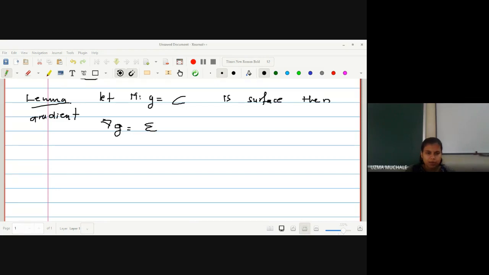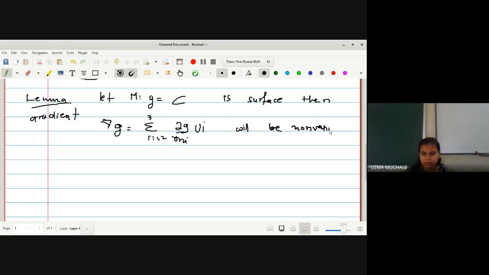That is, summation over i of dou g by dou xi times ui, where i is running over 1, 2 and 3. Okay, so this gradient will be a non-vanishing normal vector field on the entire surface M.